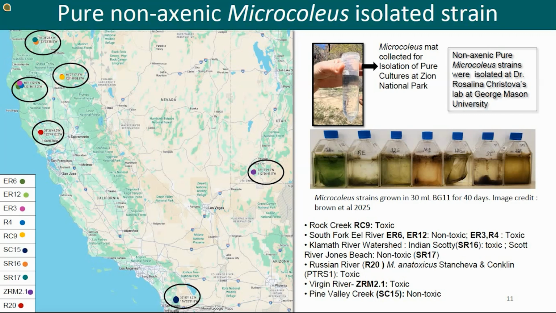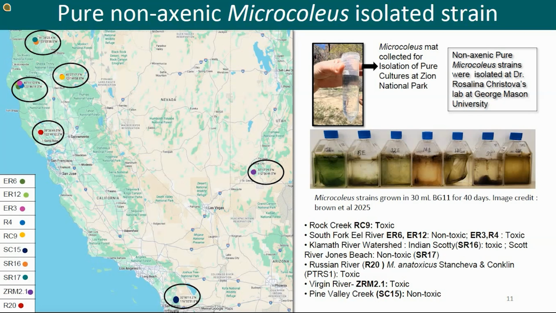From Zion, we have 1 strain called ZRM 2.1. From Pine Creek near San Diego, we have SC15. We also resequenced 1 toxic Microcoleus, Microcoleus anatoxicus, which was classified and named from the Russian River, just to use as a reference genome.